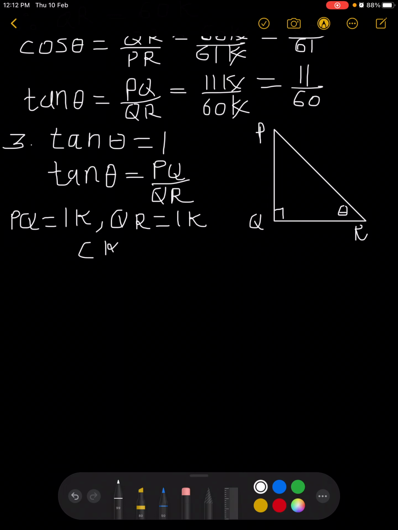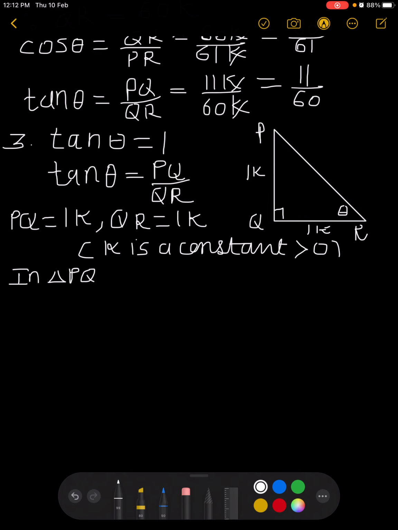Then here K is a constant greater than 0. After this, I'll write, as the given triangle is a right angle triangle, in triangle PQR, angle Q has measure 90 degree. Let us apply Pythagoras theorem.